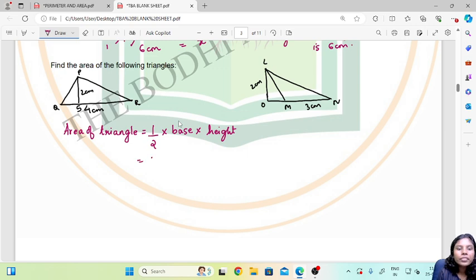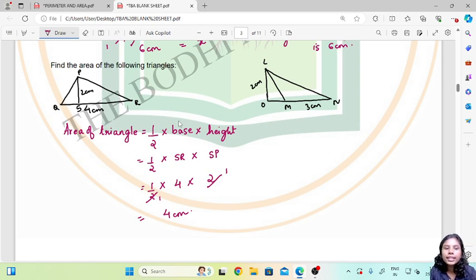Let's try to name them. So the base is given as SR and the height is given as SP. So half into SR is 4, into SP is 2. So this you can cancel out. So area of the triangle is 4 centimeter.